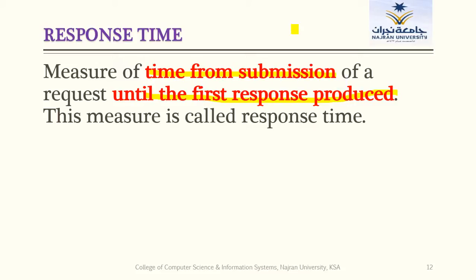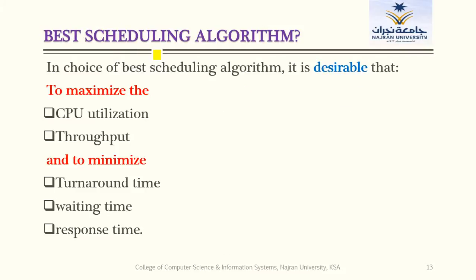So we have these 5 criteria to keep in mind whenever we are going to select any scheduling algorithm. For the best scheduling algorithm, which algorithm will be best? The one that can maximize the CPU utilization and throughput. What is utilization? How much we are using the CPU, from 0% to 100%.